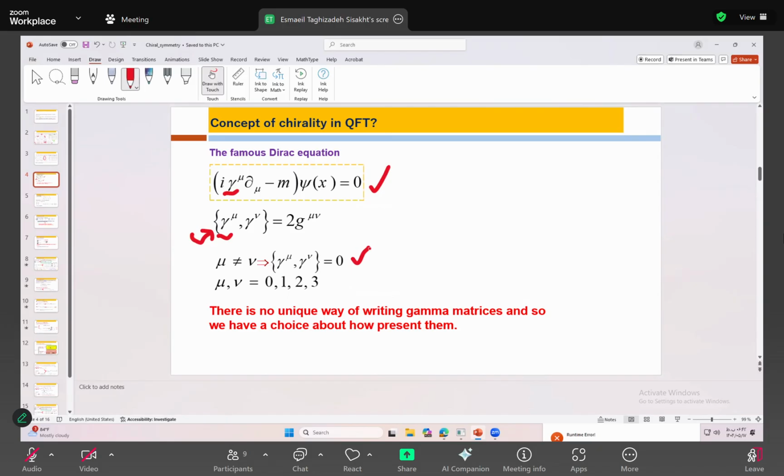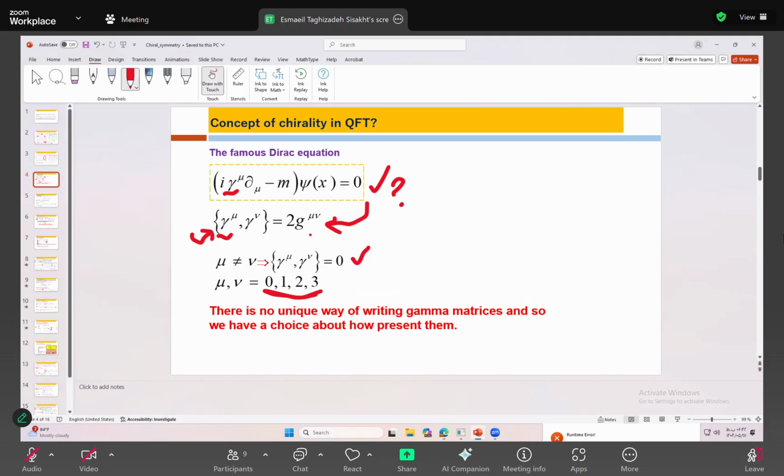Because we are considering the spin of the system in space-time, these gamma matrices have a 4x4 dimension, and firstly we define 4 gamma matrices as this, and the Dirac equation itself puts some constraints on the behavior of these gamma matrices.